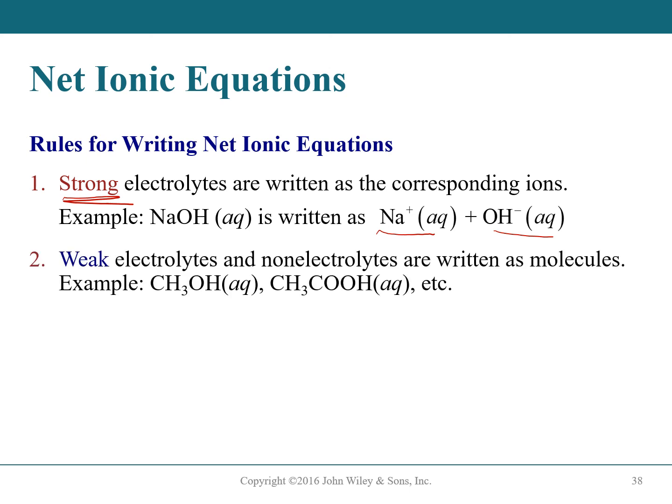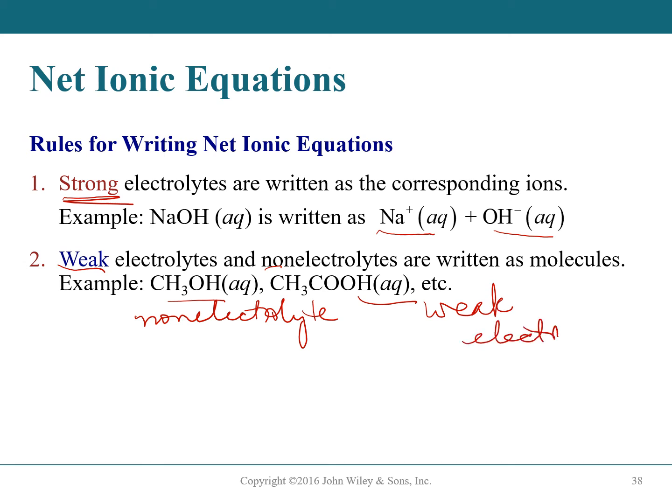Okay, when you have weak electrolytes or non-electrolytes, you just keep them as molecules. All right, so this is a non-electrolyte, and this is a weak electrolyte. And when we write them, we don't break them apart. Okay?